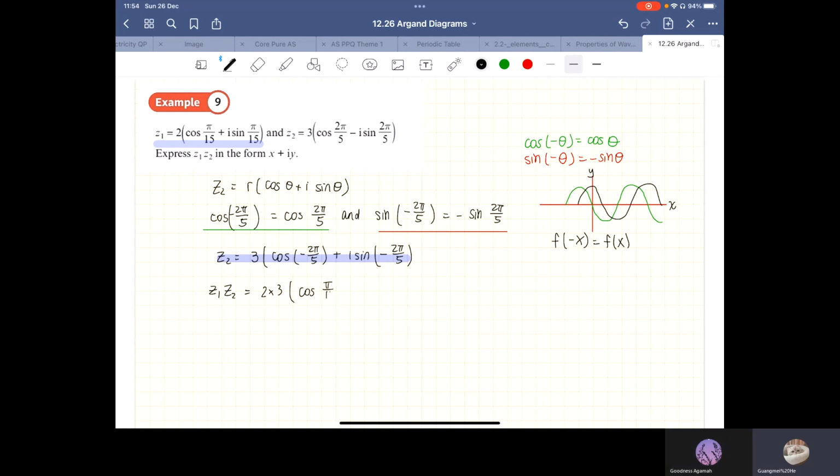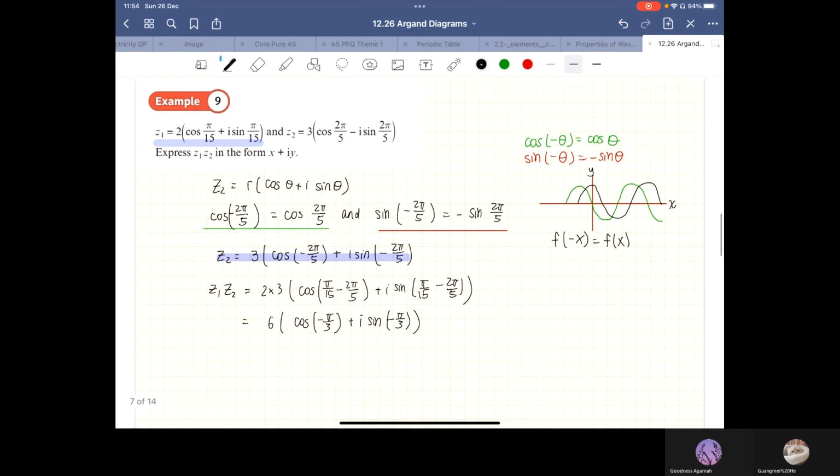Cosine of pi over 15 minus 2 pi over 5 plus i sine of pi over 15 minus 2 pi over 5 will be equal to 6 cos of negative pi over 3 plus i sine of negative pi over 3. Alright, did you get it? No.